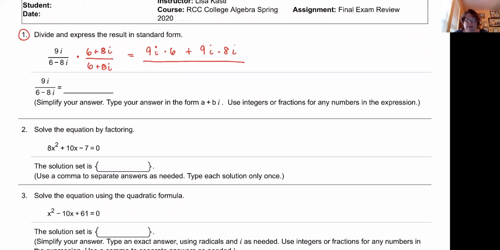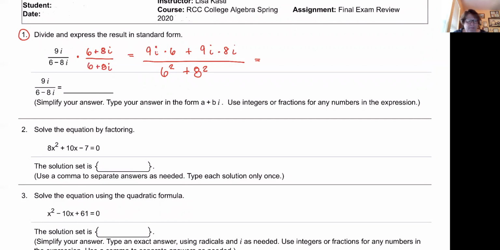So to find the denominator when we divide two complex numbers, all we have to do is square the first number, so square the 6, and then square the 8 and add those two things together. That's the reason we multiply by the conjugate, because when we multiply a complex number by its conjugate, we get a real number.